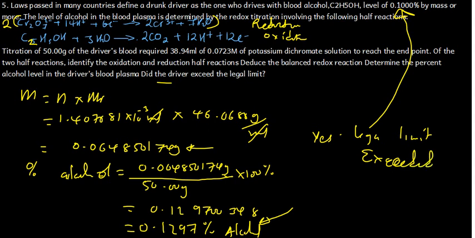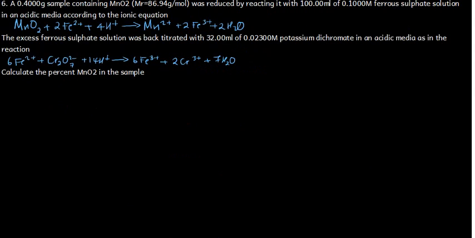So that is it. Now the last question in this video: we've been given a 0.400 gram sample containing manganese dioxide with that molar mass, which was reduced by reacting it with 100 milliliters of 0.1 molar ferrous sulfate solution in an acidic media according to the ionic equation shown.